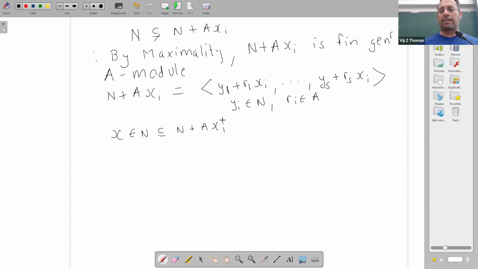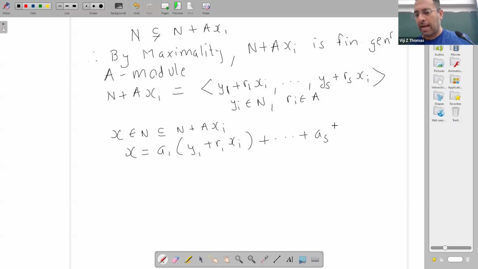But N plus AXI is finitely generated, so I can write this as a finite linear combination of those elements, the strategy we have used before. x equals a1 times (y1 plus r1 Xi) plus ... plus as times (ys plus rs Xi).